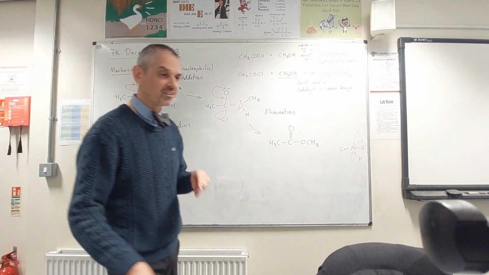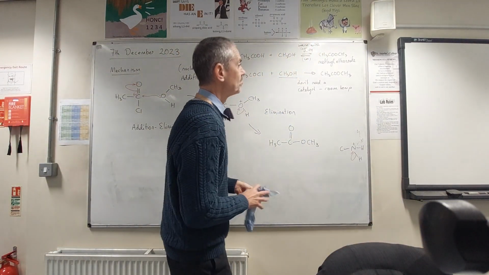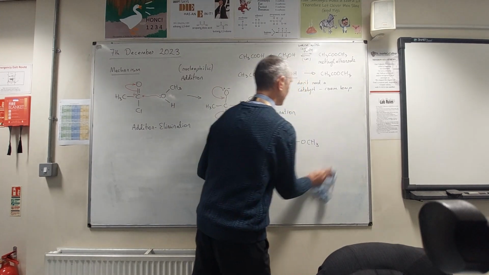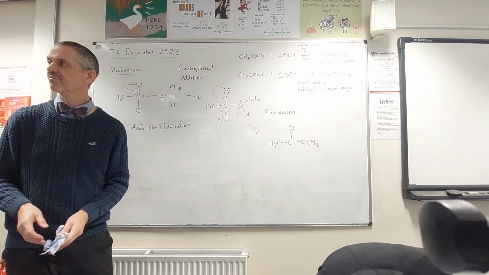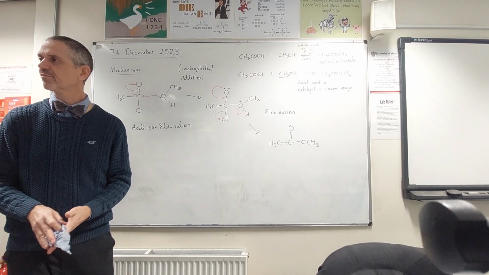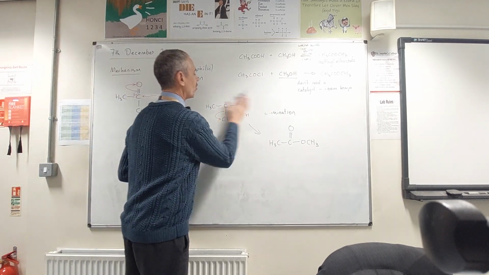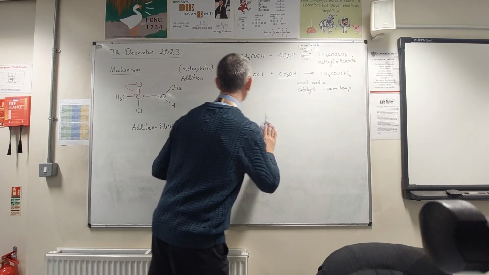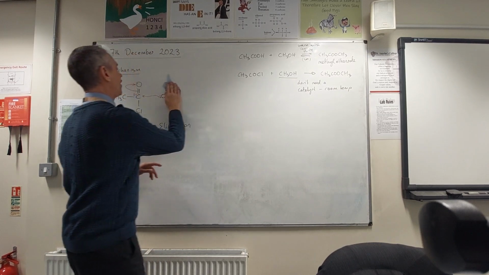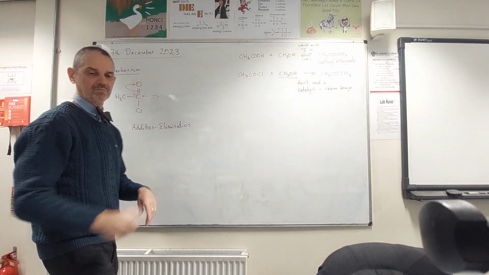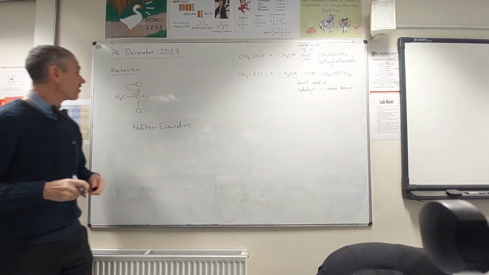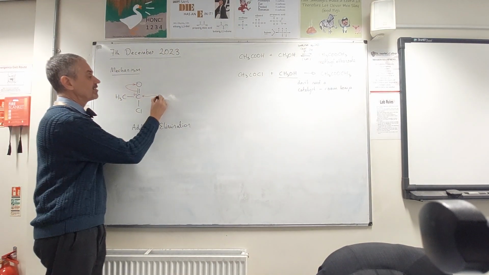Right. Time for you to have a go at something. You all got that written down? Okay, I'm going to get rid of all of that. I'll leave that arrow there and that arrow.